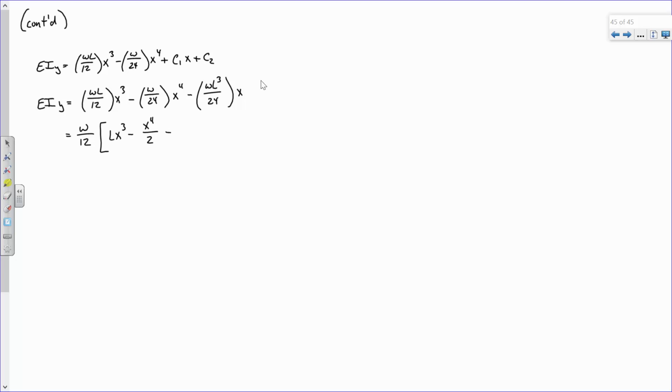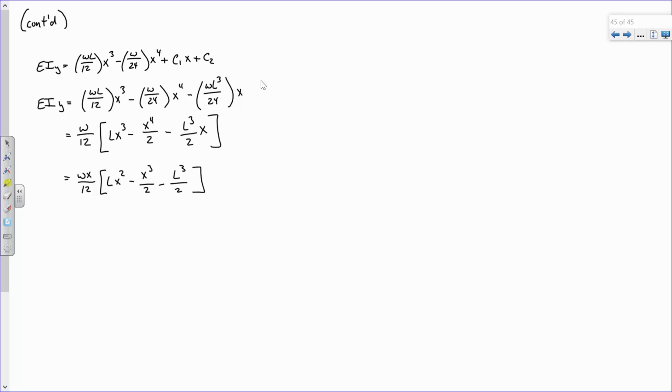Minus, and then what do we have here? We have L to the third over 2 times X. Did I do that right? We could also probably factor out an X, WX over 12 times LX squared minus X to the third over 2 minus L to the third over 2, right? And bam, that equation will tell you what is the deflection in that beam due to a uniformly distributed load.